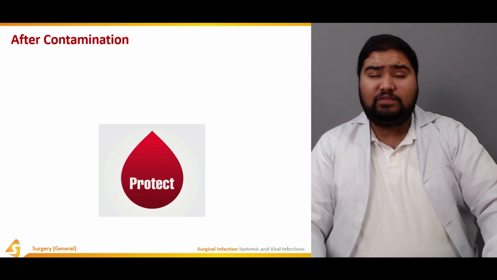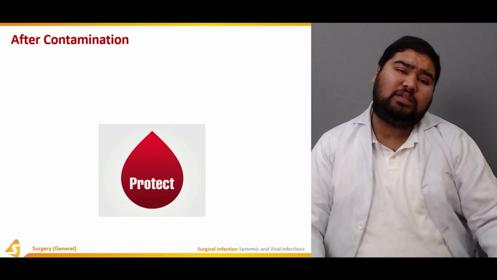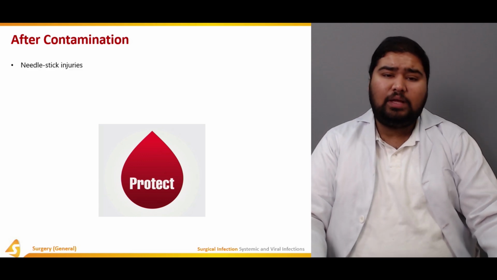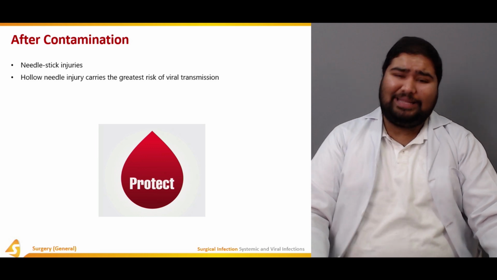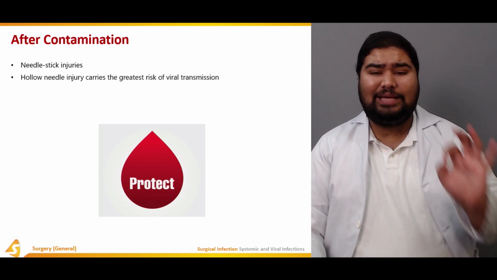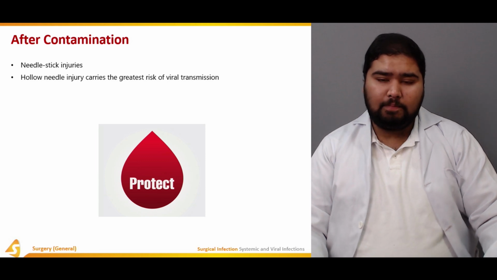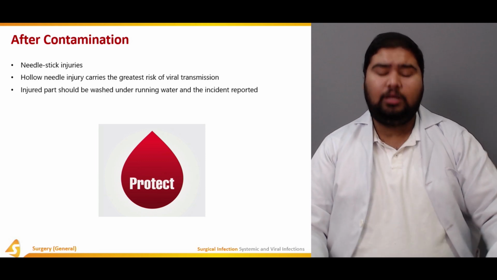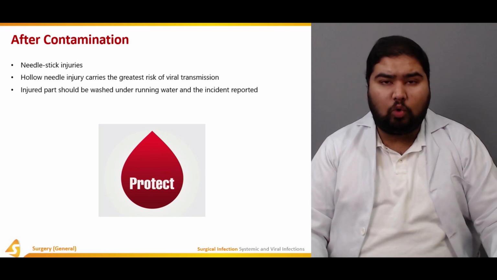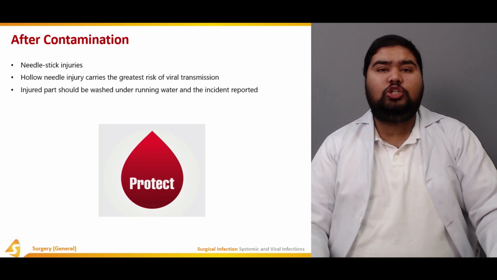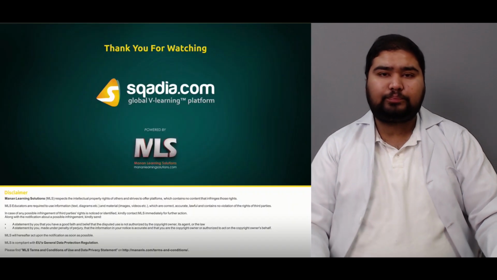Now, how to act after contamination? In needle stick injuries, a hollow needle injury carries the greatest risk of viral transmission. The injured part should be washed under running water, and the incident should be reported.